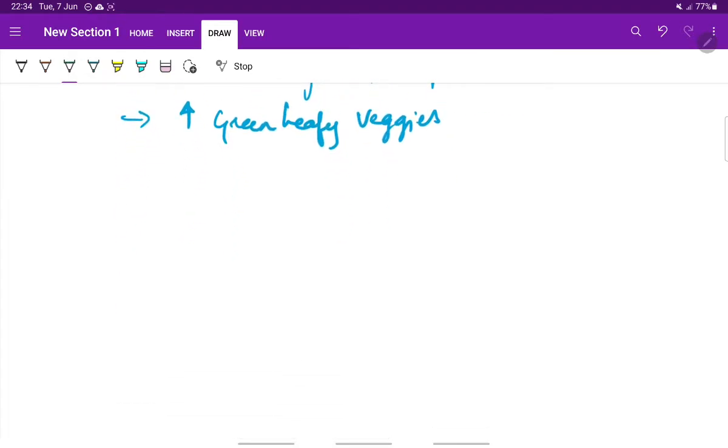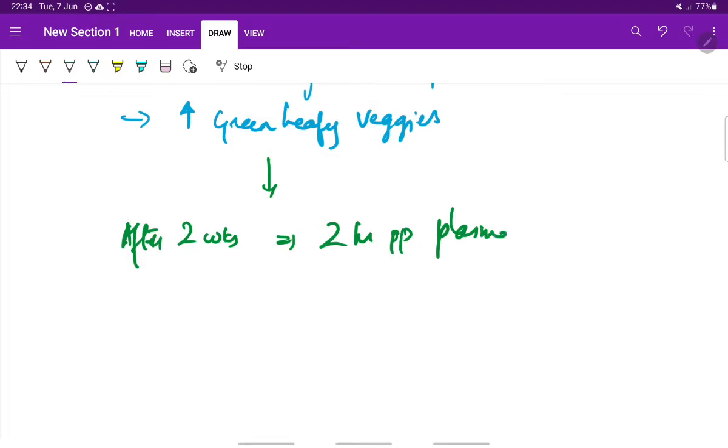So, after following the medical nutrition therapy for 2 weeks, the 2-hour postprandial plasma glucose levels are taken, preferably after the breakfast.